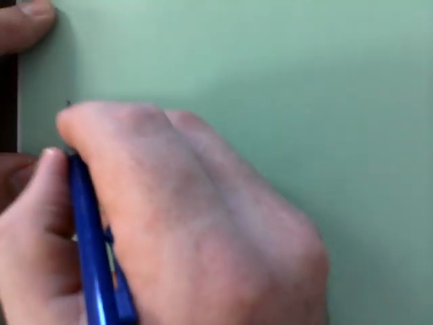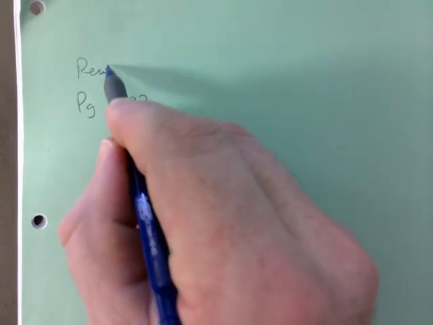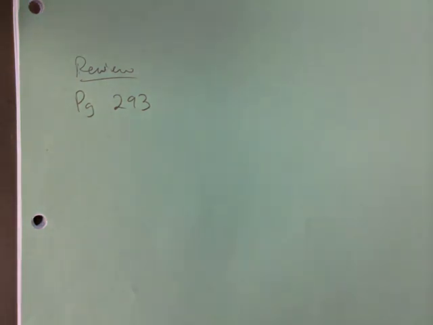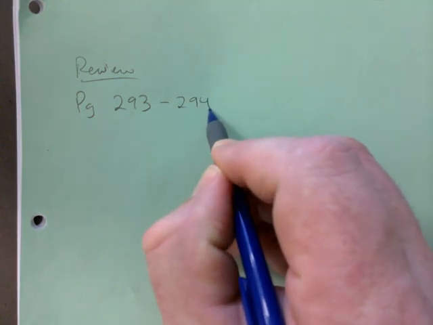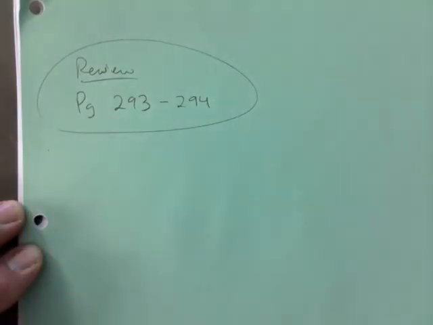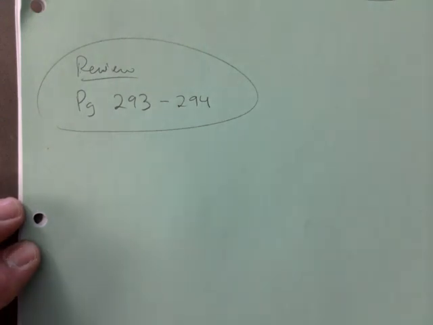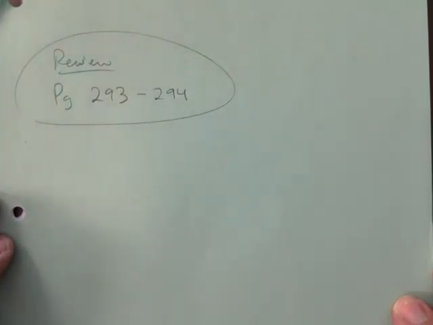So if you're ready for it, if you go to page 293, so this is review. Page 293, there's a bunch of questions there. There are some equations there. It goes to 294 as well. Okay, that's probably a good test review. And the handout that I'm going to give you, if you want to do that, that's fine as well.